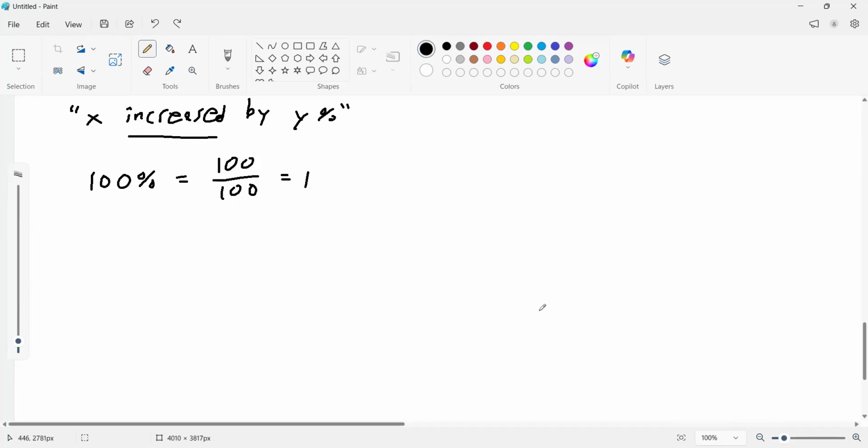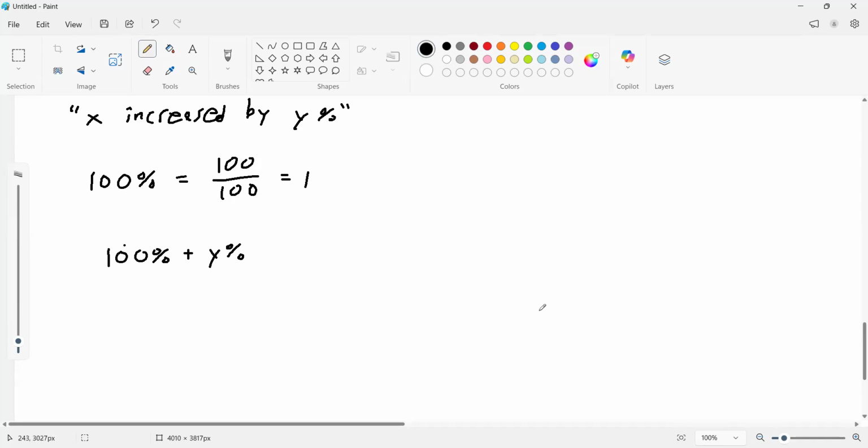To increase by a certain percent, not only do I need the original 100%, so I need its whole, but then I need to add on top of that this new Y%.